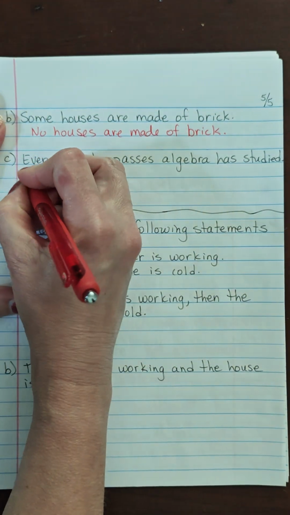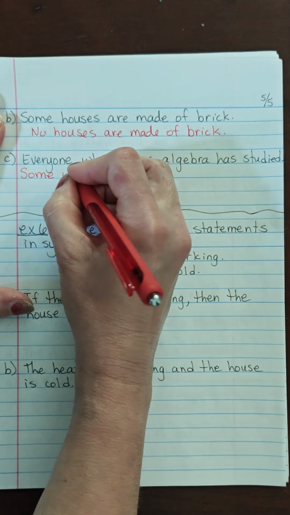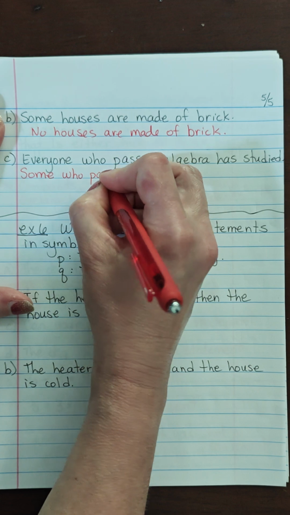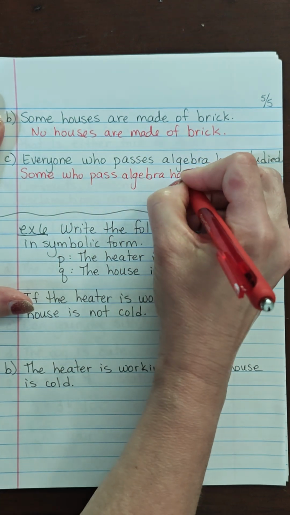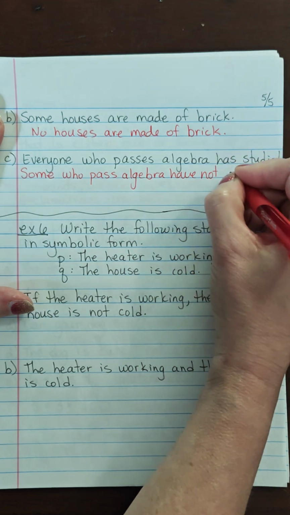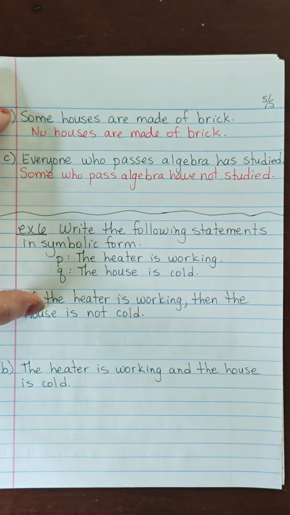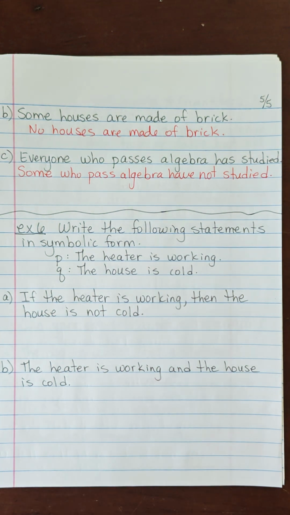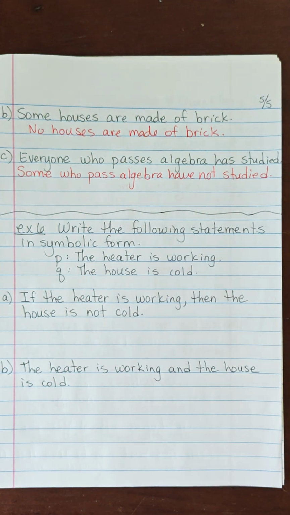So we're going to say some who pass algebra have not studied. So I did throw in that negation, that not, like I did in part A, back in the previous page. Here I didn't need to throw in a not because the no takes care of it for me.